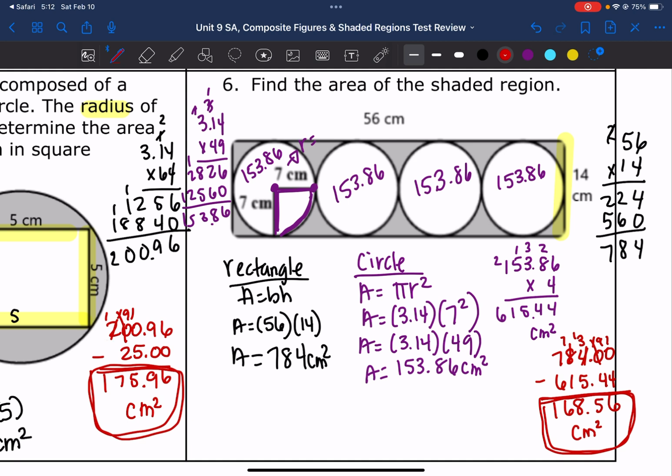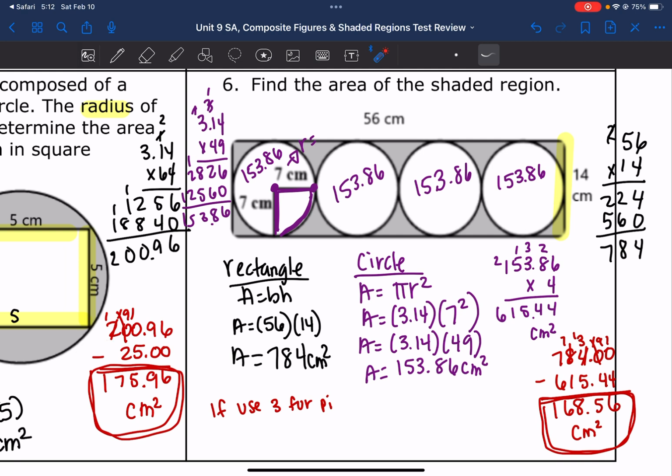Okay? So, if you would have used 3 for pi, then you would have used 3. So remember, you're still using 49, but you're going to change this to 3. So that would have been 49 times 3, okay? That would have been 147, okay?